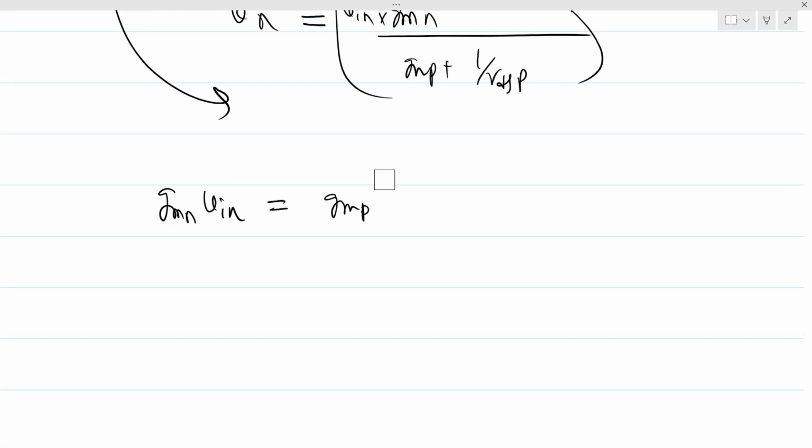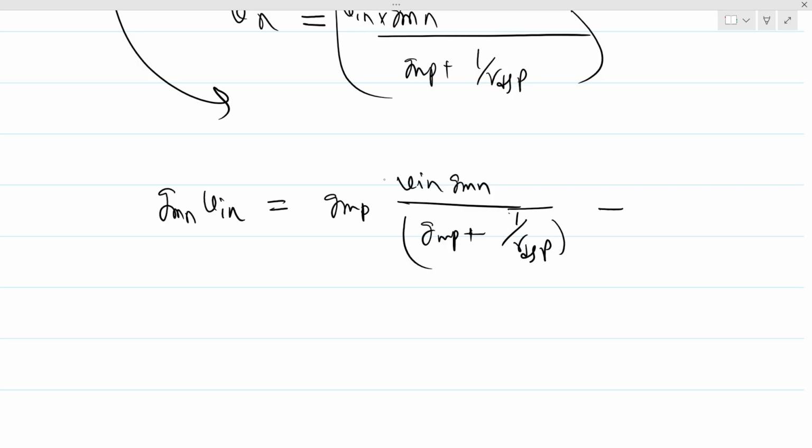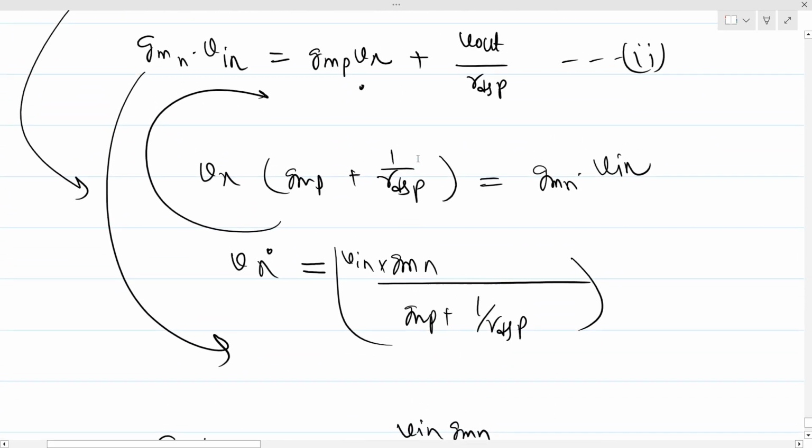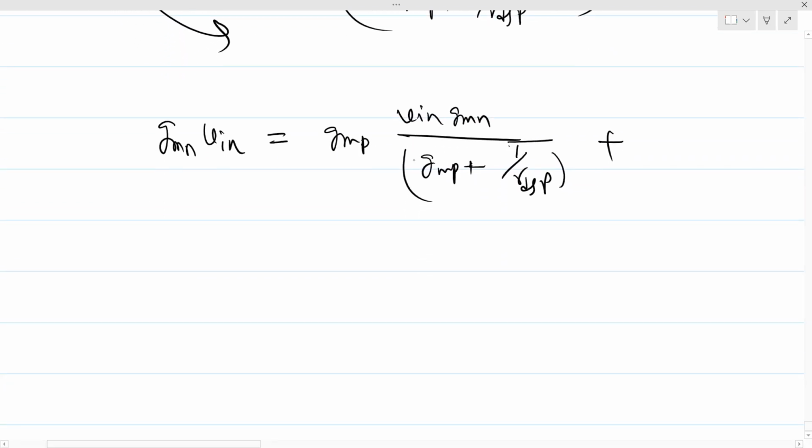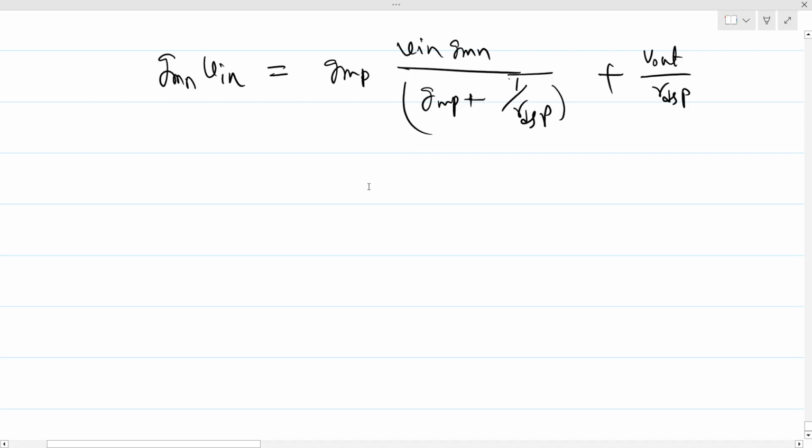So this will be V in GMN by GMP plus 1 over RDS of P, plus V out divided by RDS of P, right? Okay, so this is the final expression we need to solve, in the form of V out over V in.